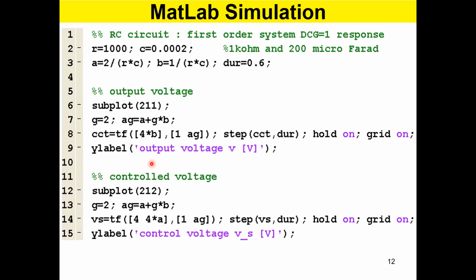So gain is 2 now, and our transfer function is 4 times the earlier one, because we have already calculated that we need 4 times gain to get the DC gain to 1.